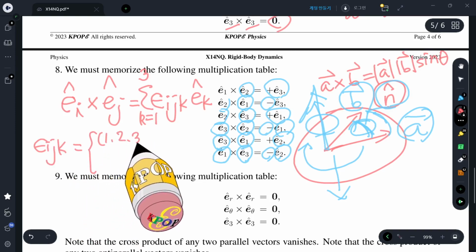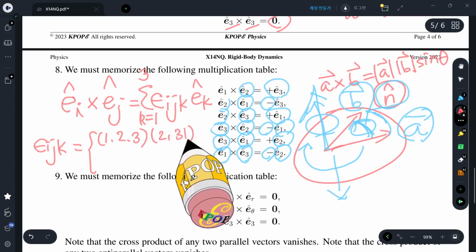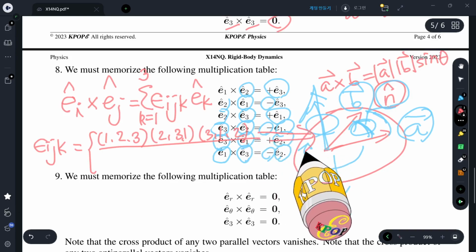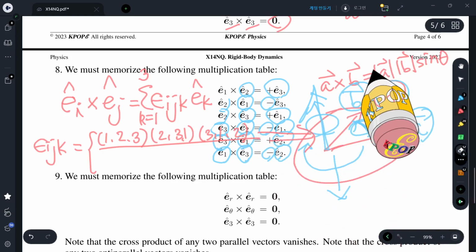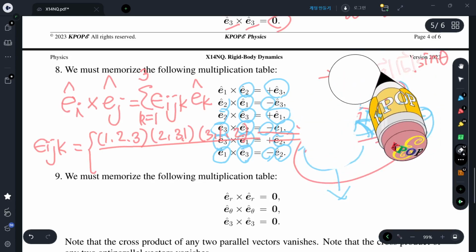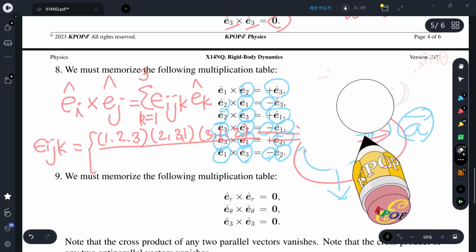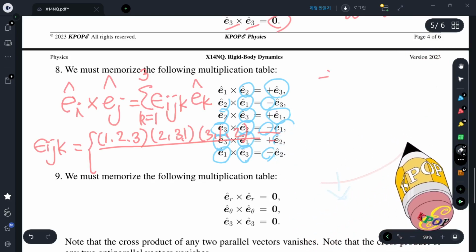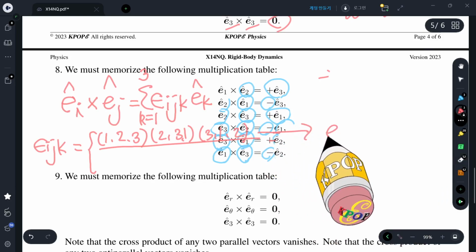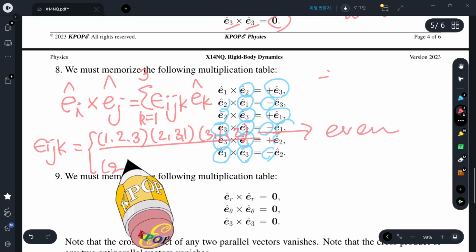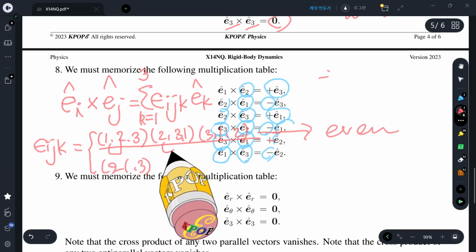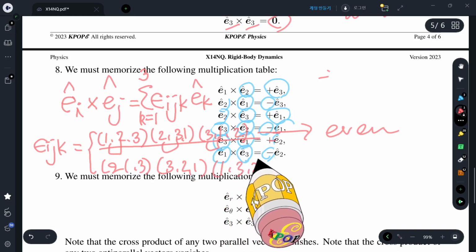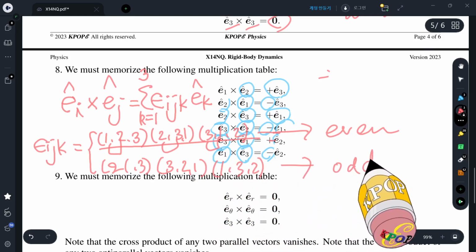When (i, j, k) is 1, 2, 3, or 2, 3, 1, or 3, 1, 2, then we say it is an even permutation. 2, 1, 3, exchanging these two; 3, 2, 1; 1, 3, 2, we say they are odd permutations.